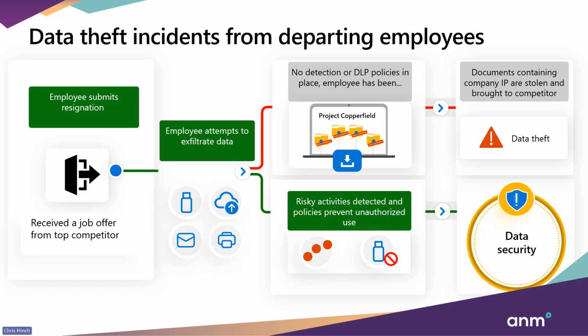But to the example that Kevin was talking about, if you had it protected where you had to have, say, an @Microsoft.com or an @A&M.com credential to actually use that file. Same example, right? They resigned, they copied it down to USB, they put it up to their personal OneDrive, whatever they did.